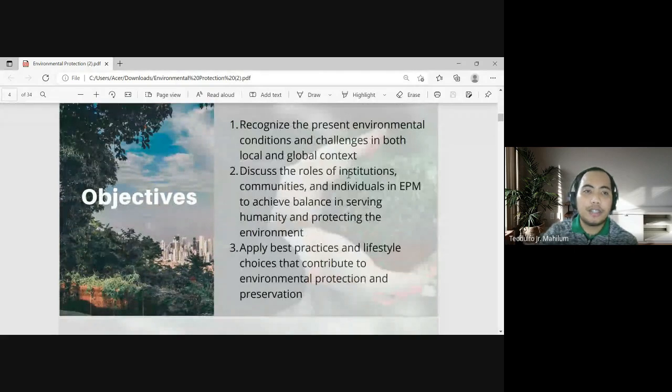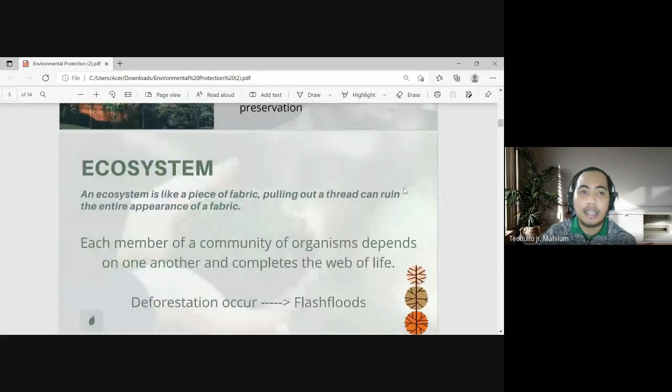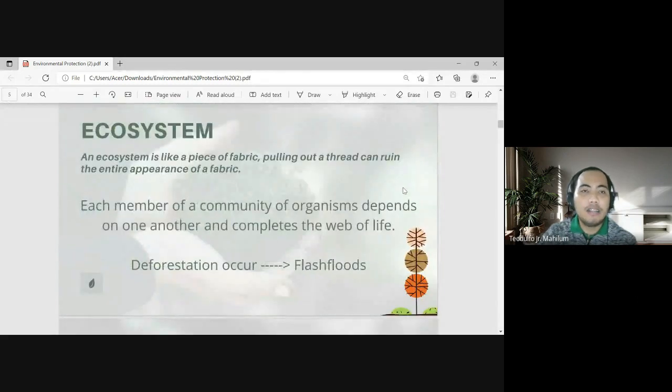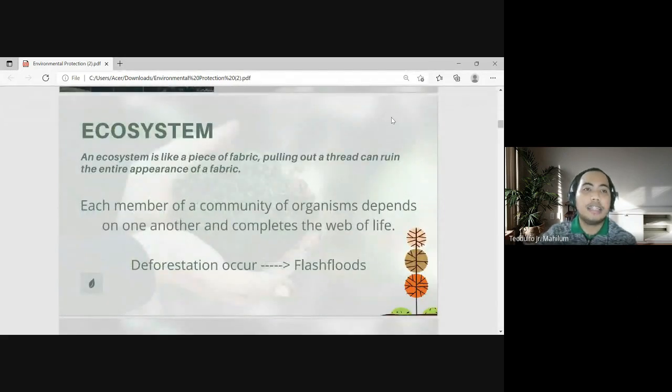But before we proceed with environmental protection, let us first define what an ecosystem is. An ecosystem, theoretically, is like a piece of fabric. Pulling out a thread on it can ruin the entire appearance of the fabric. Meaning to say, each member of a community of organisms depends on one another and completes the web of life.